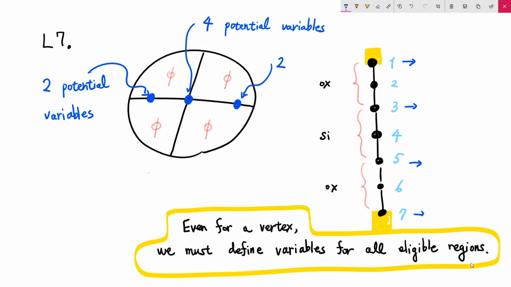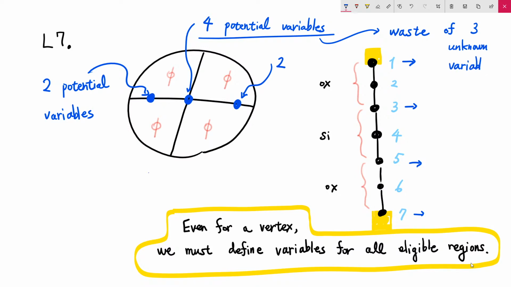So it is really obvious that these four potential variables are a waste of three unknown variables.